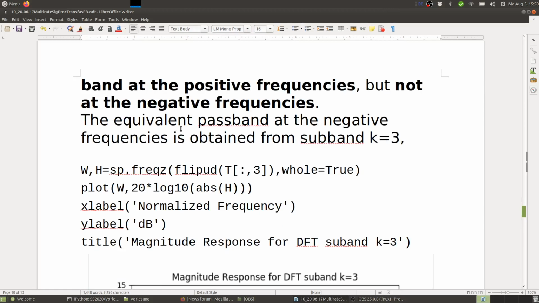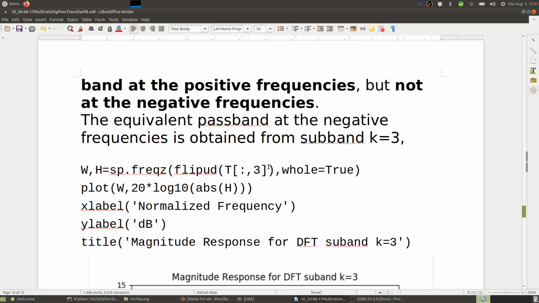The equivalent passband at the negative frequencies is obtained from subband number k equals 3, right? Because number 4 would be Nyquist, corresponding to k equals 0, and then k equals 3 basically is counting backwards. Just like from k equals 0 we count 1 up to get the positive frequencies, so we count down from 4 to get the corresponding negative frequencies.